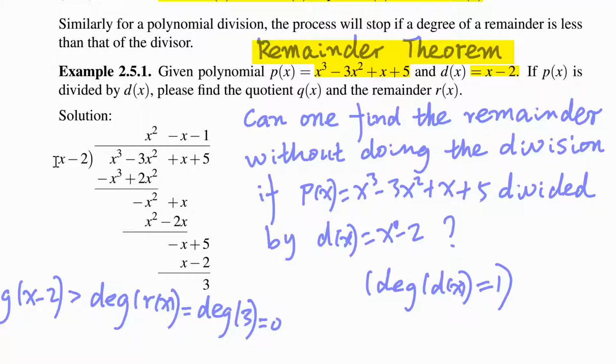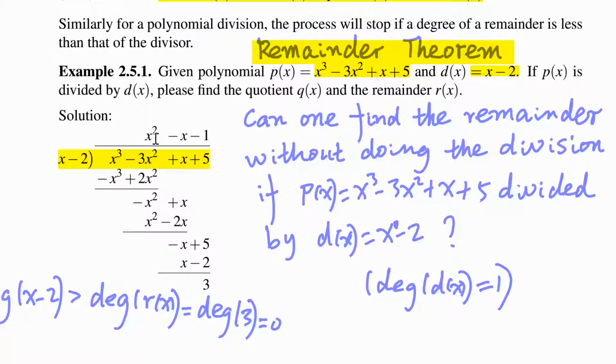So you do the long division in this way. Here you have the divisor, and here you put the dividend. We put an x squared here. x squared times x is positive x cubed. Now I put negative here, which is the opposite.